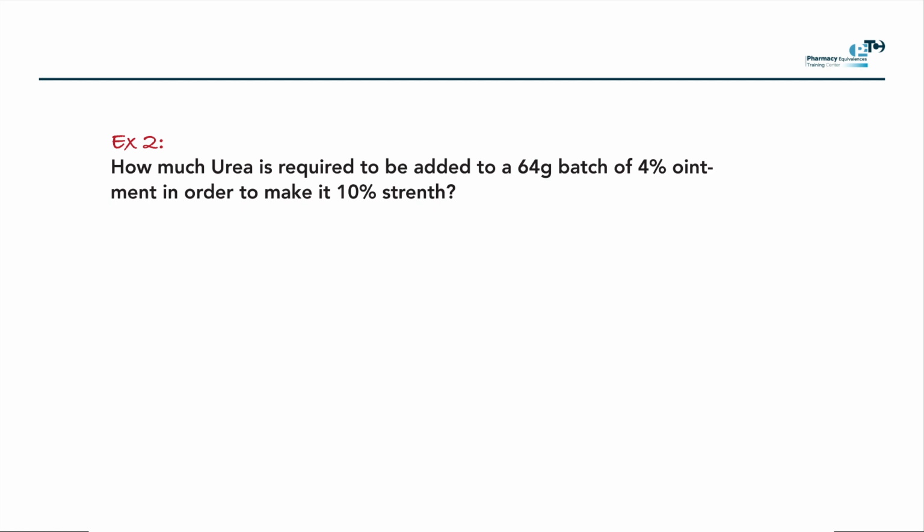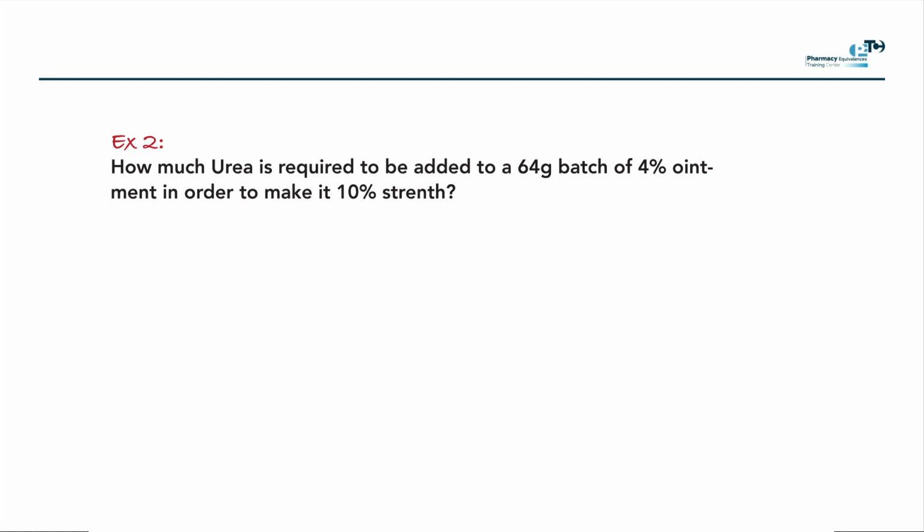And if in any problem the final concentration is less than the first concentration, and he didn't give us the second concentration of the second part of the mixture, we put it as 0%.